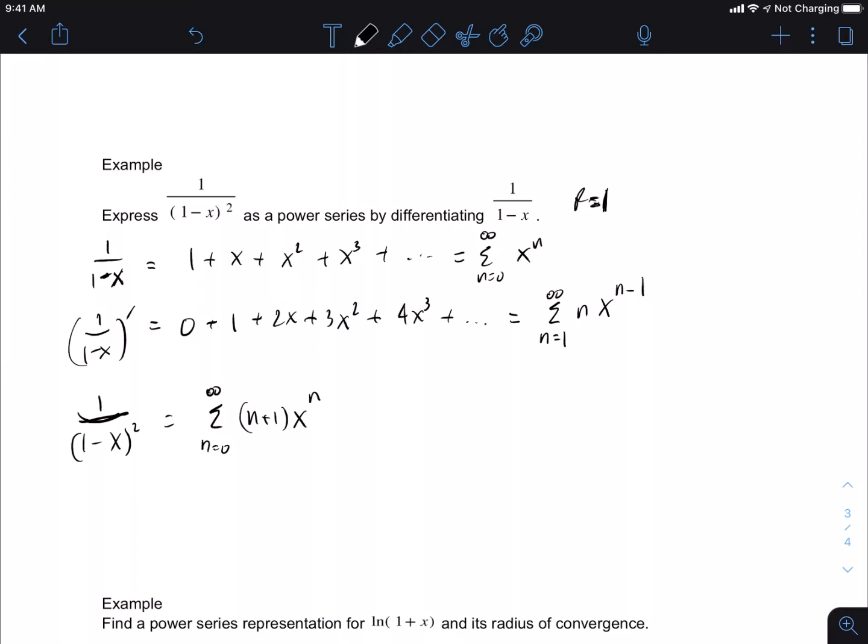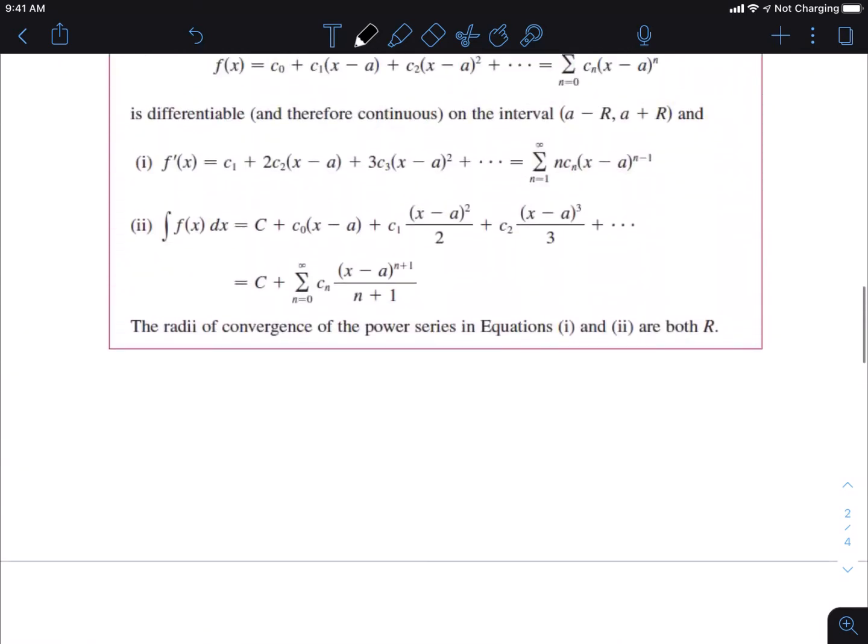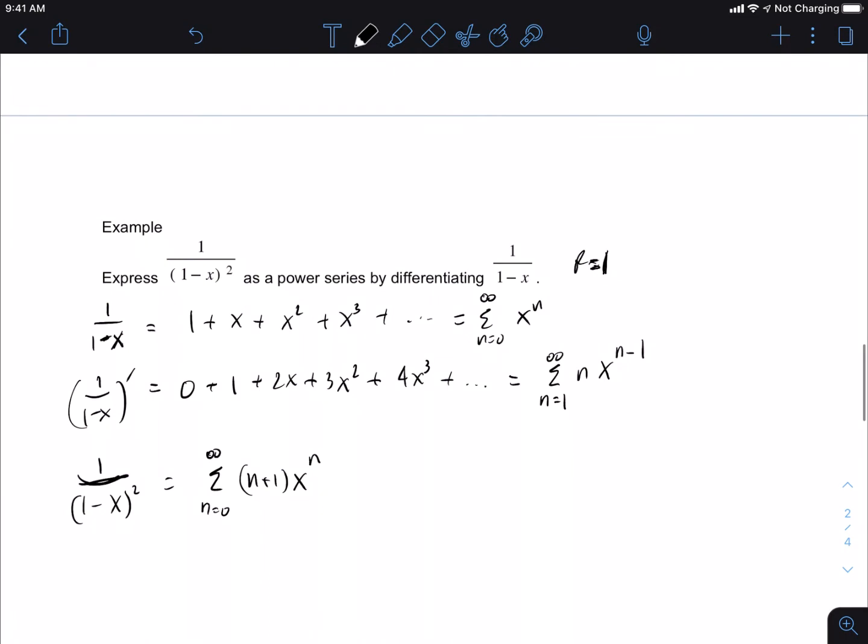Now if we go back to the rules that we had, we can see it tells us that it's going to have the same radius of convergence as the original. And our original, before the derivative, was 1.